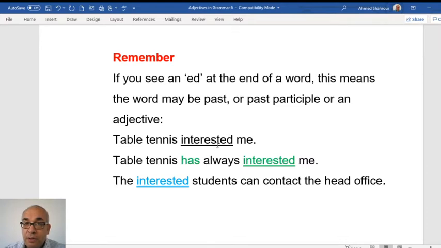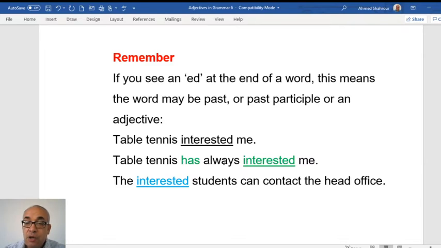Is a verb, and it is a doing word, and you have me which is the object, so there is an action in the sentence. Table tennis interested me. Interested is a verb, and this verb is in the past, and there is action in this sentence because we have got me which is the object. So interested is the past of interest.